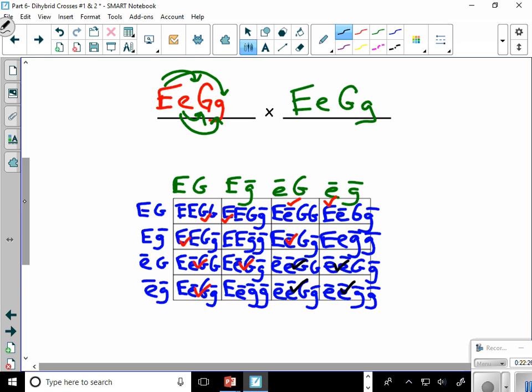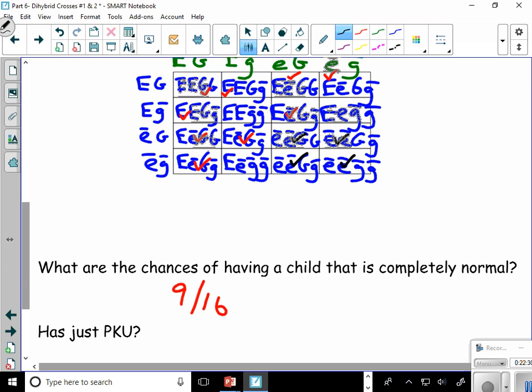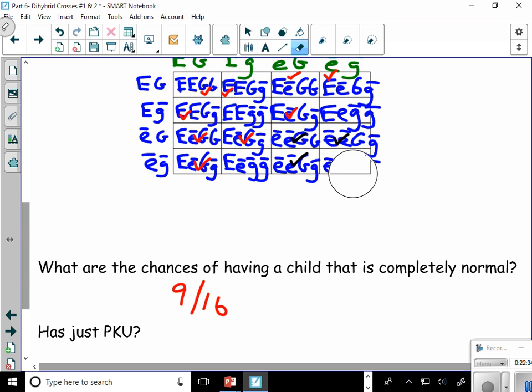Oh, it said only, didn't it? Okay, just. Okay, so that one's out of here. I'm going to have to redo this one. I checked that one. That's one that has both of them. It had 2 little e's, but it also has 2 little g's. So only PKU would be how many?